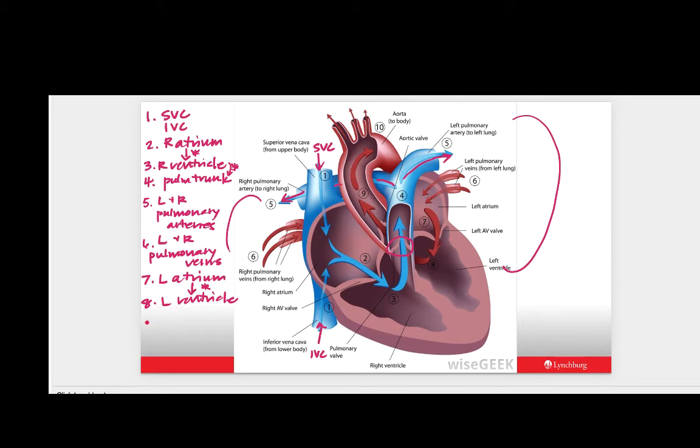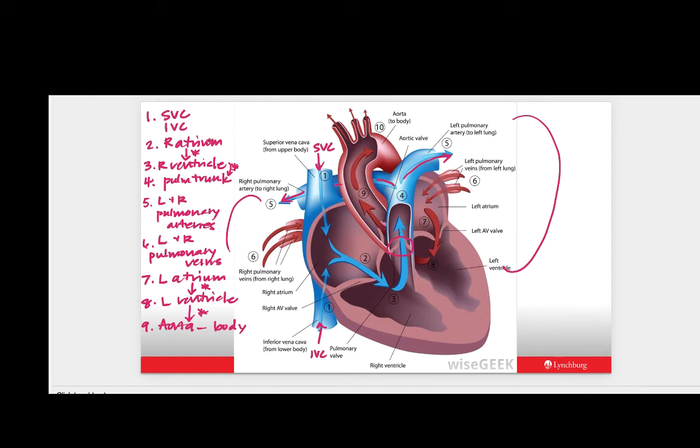From left ventricle, we're going to pump blood out to the aorta, which would be number 9 here. And blood would flow to all the tissues in the body. Now, this is also a location of another valve here between left ventricle and aorta. So there's our aortic semilunar valve.